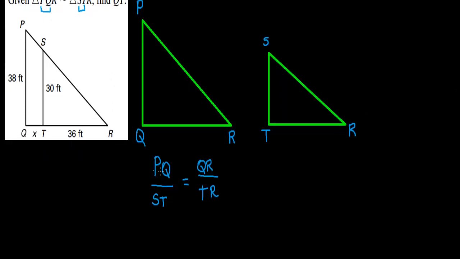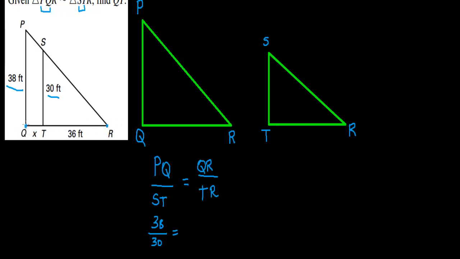PQ, how long is PQ? I look over here, PQ is 38 right there, 38 feet. So I'm going to write 38. And ST is 30 feet equals QR. Now look at QR. Q starts here, R is right over there. So this whole length QR is made up of two pieces.